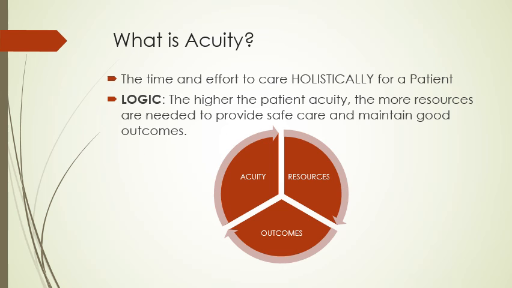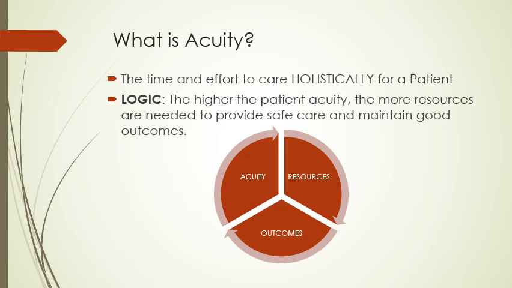Now, what is acuity? It seems rational that patient acuity affects patient care. But the more important question is why and how? So I decided that my definition of acuity was the time and effort to care holistically for a patient. And using that logic, the higher the patient acuity, the more resources are needed to provide safe care and maintain good outcomes.